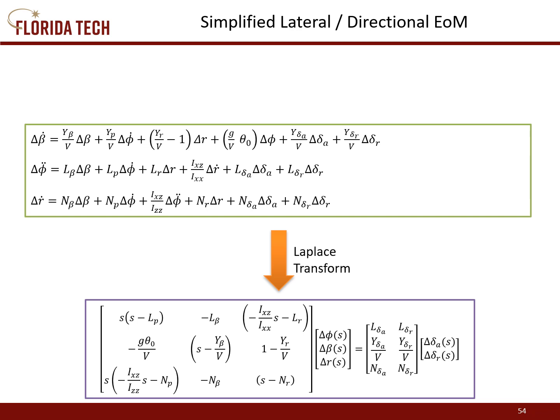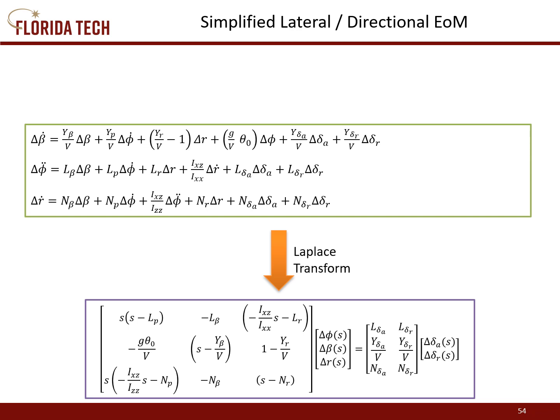In this case, it would be, say, roll angle to aileron deflection or some other transfer function, depending on what we need. But the techniques are the same, and so we're not going to walk through another 30 or 40 slides of how you handle the lateral directional equations of motion.